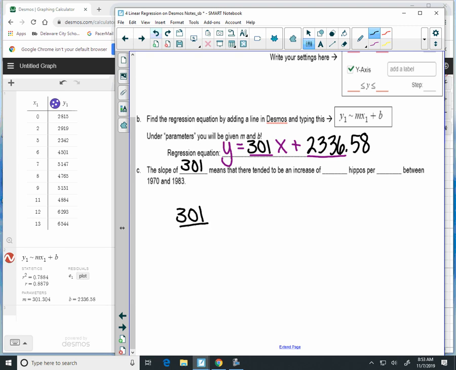Our y was hippos, and our x was deer. I feel like maybe we don't have enough predators in this situation if we're going up by 300 hippos a year. So maybe it's a really big part. So we have an increase of 301 hippos for 1 year between 1970 and 1983.